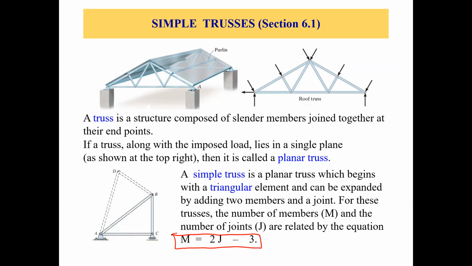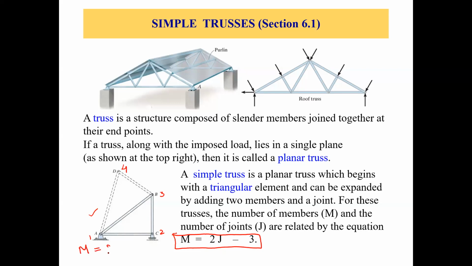So let's take an example of this truss, ACBDA. Now, how many joints are there? We have one joint, two joints, three joints, four joints. So we have four joints. Now how many members should be there?